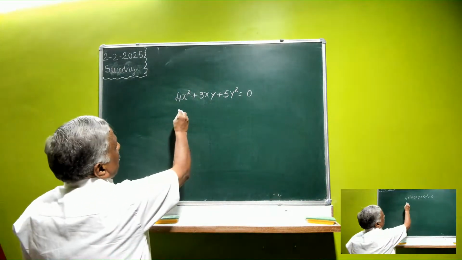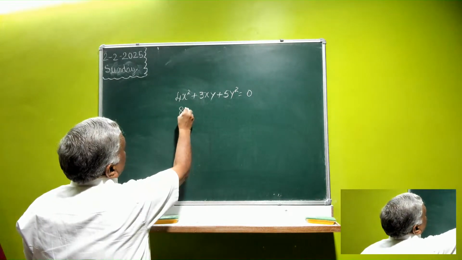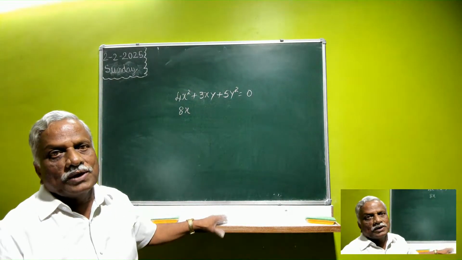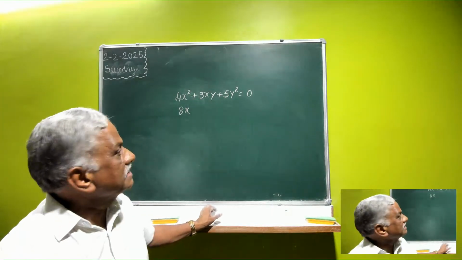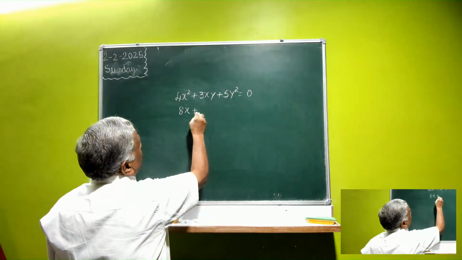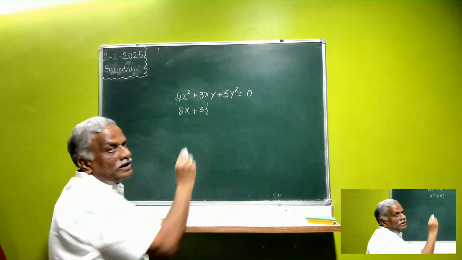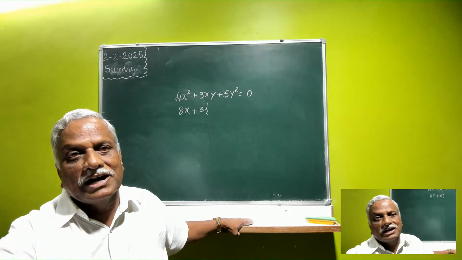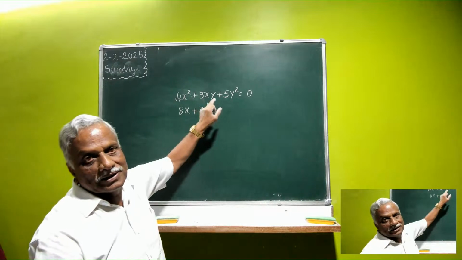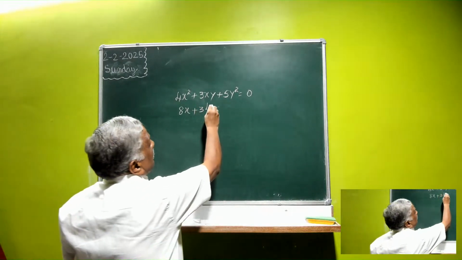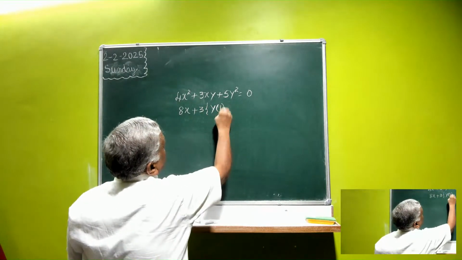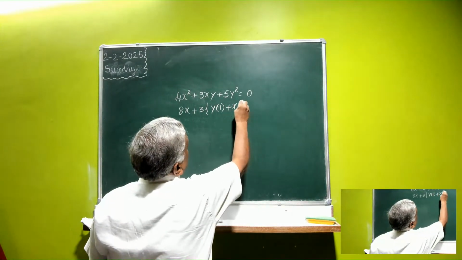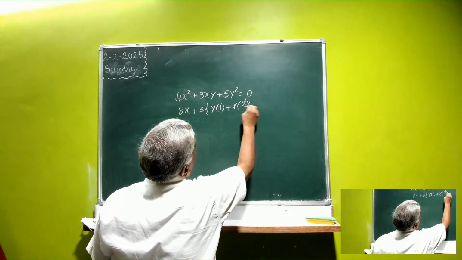Now, x square is 2x, therefore 8x. 3xy, 3 is a constant, keep it outside. xy is a product. Don't differentiate x as 1 and y as 1, no, you got to use product rule. So keep x for y, differentiate x. Keep x for x, differentiate y, you get dy by dx.